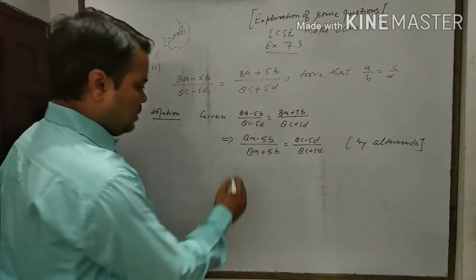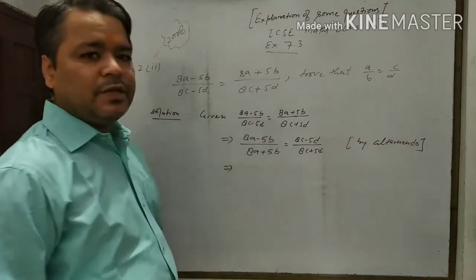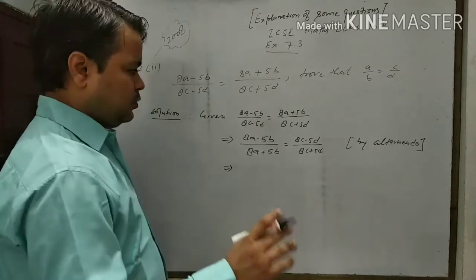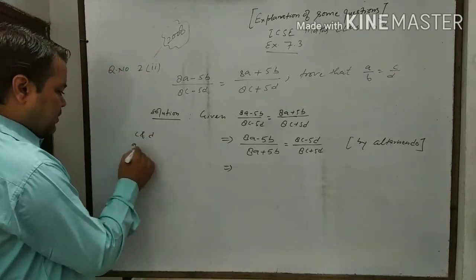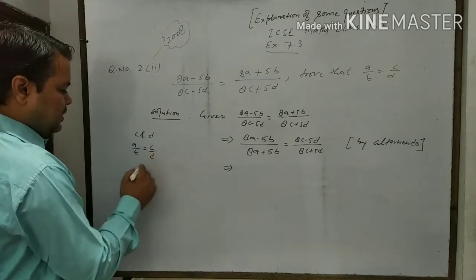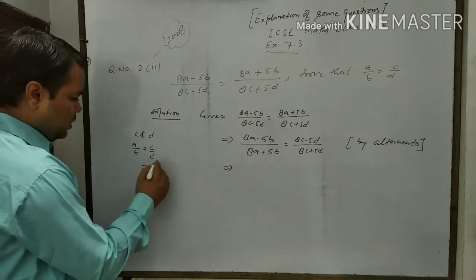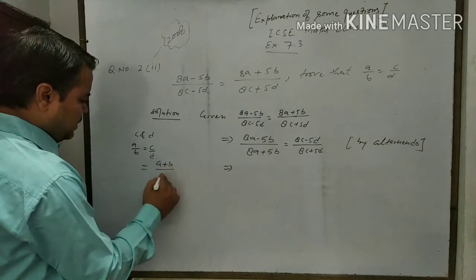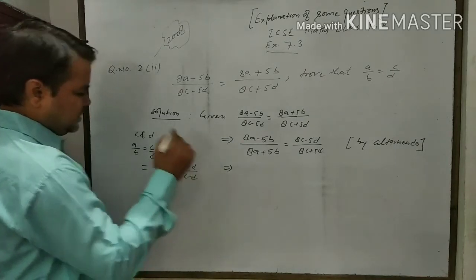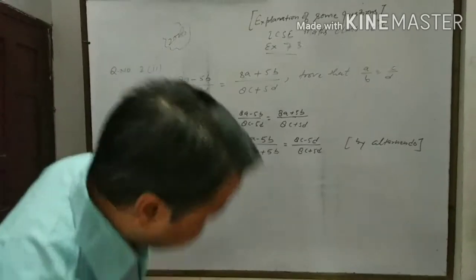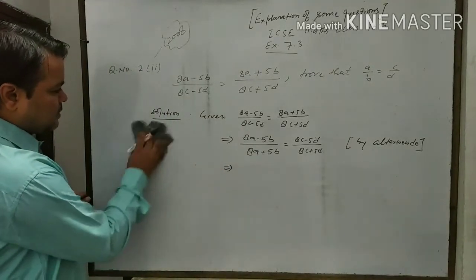Now we use the method of componendo and dividendo. What is componendo and dividendo? If a by b is equal to c by d, then by componendo and dividendo rule it will be (a plus b) upon (a minus b) is equal to (c plus d) upon (c minus d). Use this concept to solve.